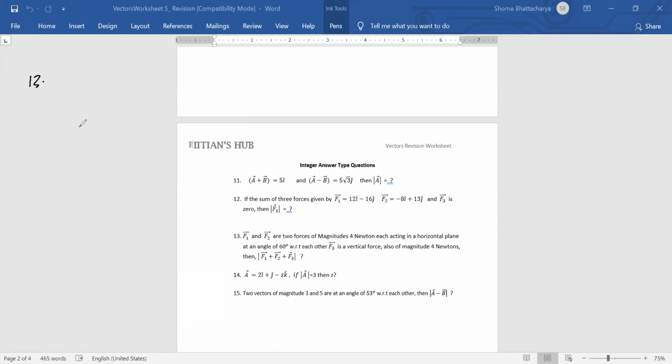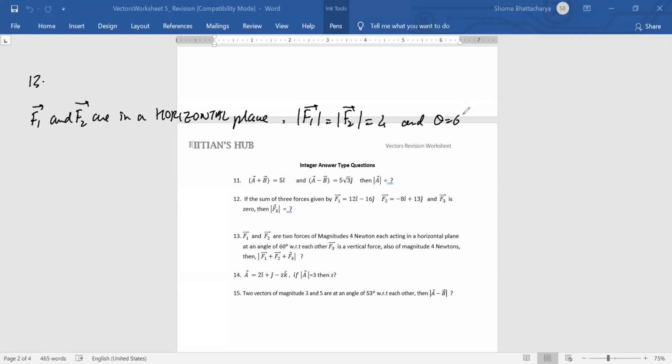Let's understand this, that F1 and F2 are in a horizontal plane, such that their magnitudes are equal to 4 each, and the angle between them is 60 degrees.